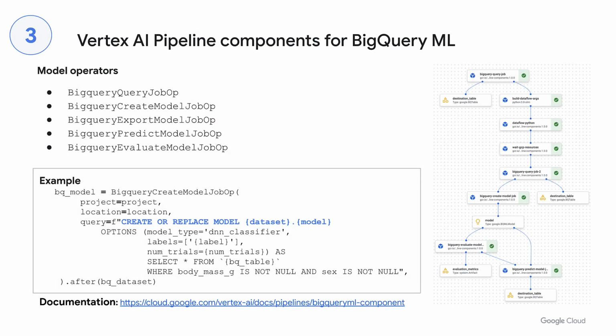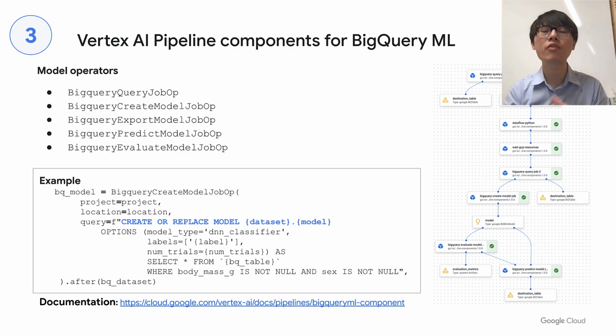So what does this look like with BigQuery ML? We recently announced some new components for BigQuery ML to allow you to more easily integrate BigQuery and BigQuery ML operations within a Vertex AI pipeline. So previously, you would have potentially had to create your own custom operators or components, and this could be perhaps non-trivial to do.